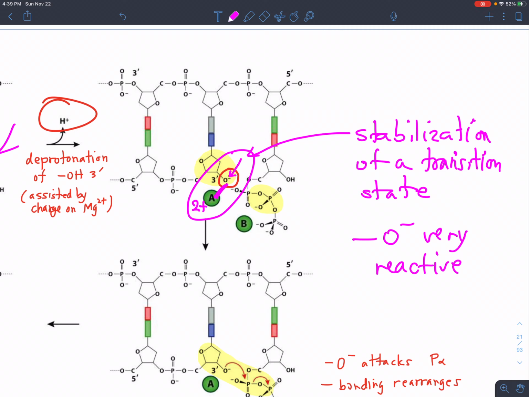That's a favorable contribution to the delta G. Therefore, the pKa of this group, the ability of that group to lose its hydrogen, is much higher in the presence of this magnesium than it would be otherwise. And now that's a reactive group. That O-, that ionized OH group, is reactive and much more likely now to be able to attack there.